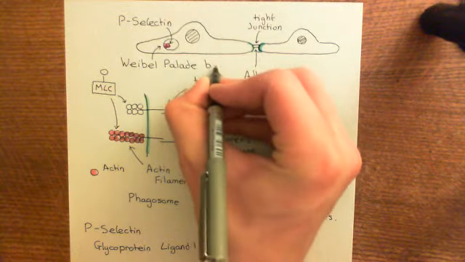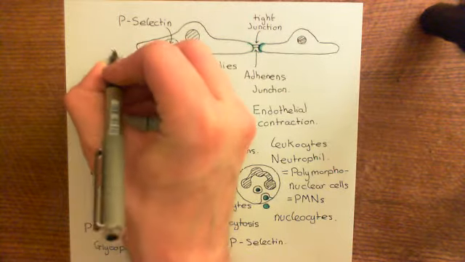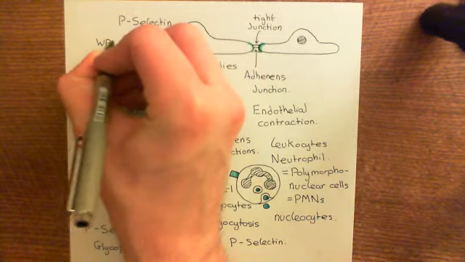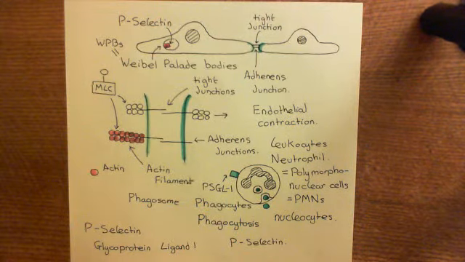And these are often abbreviated to WPBs. So this is a WPB. The name for a vesicle within the cytoplasm of an endothelial cell which has P-selectin within it is a Weibel-Palade body.